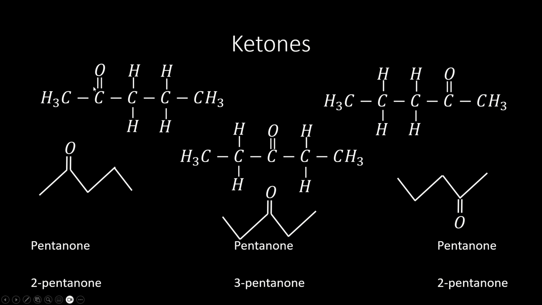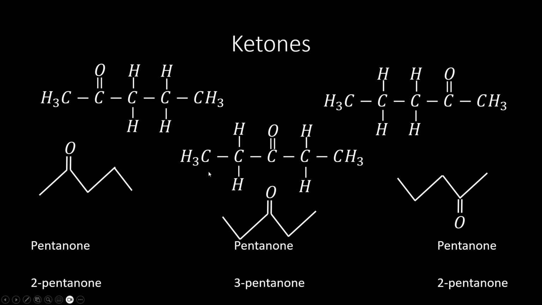Formally, the way that we would tell the difference between this molecule and this molecule, well, let's count out the carbons. 1, 2, 3, 4, 5. The ketone is on carbon 2. So in actual organic chemistry, instead of calling it pentanone, to be more specific, we would call it 2-pentanone.